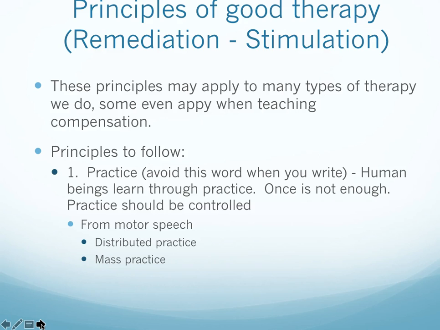Okay, that's what I mean by it's not drill and practice. Do you see A, how I manipulated the stimulus? B, how I employed mass practice at times and distributed practice at other times. Those are important elements to what happens in a good stimulation approach. And I was very careful how I selected the stimuli.